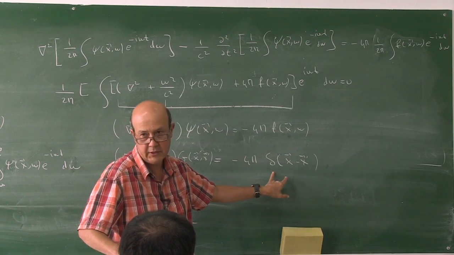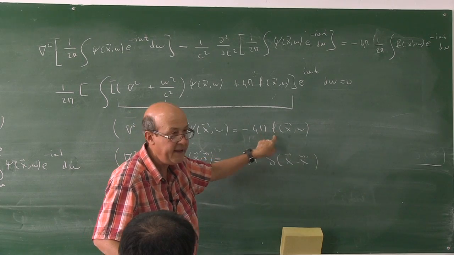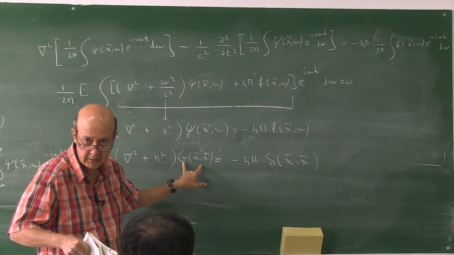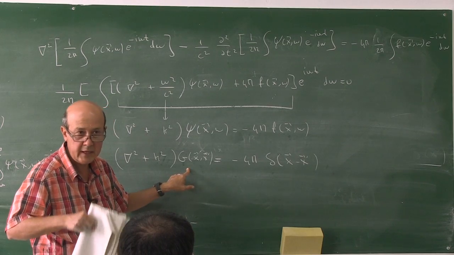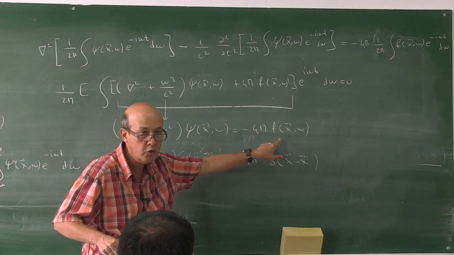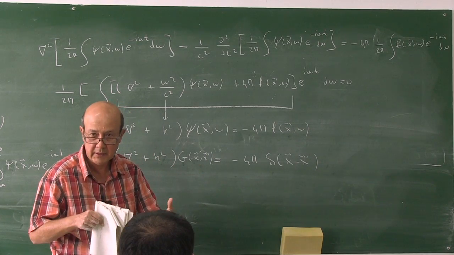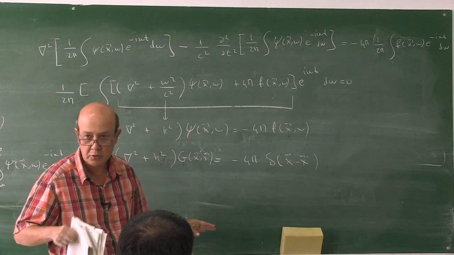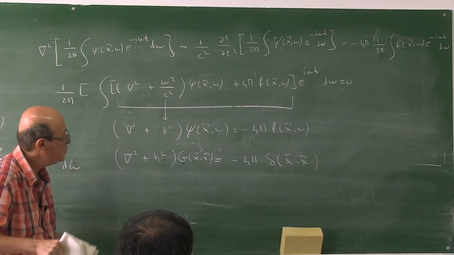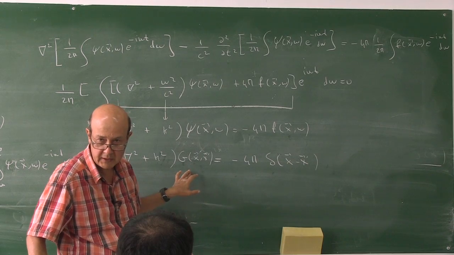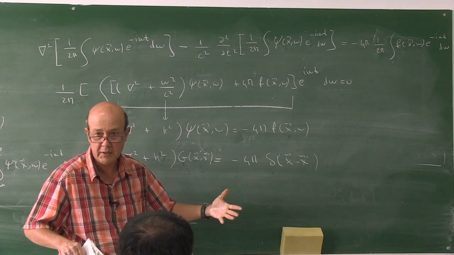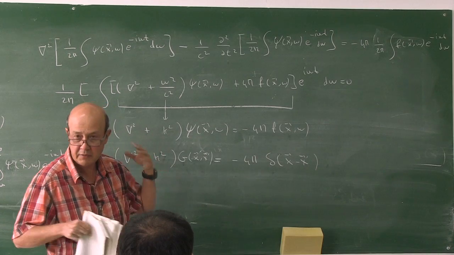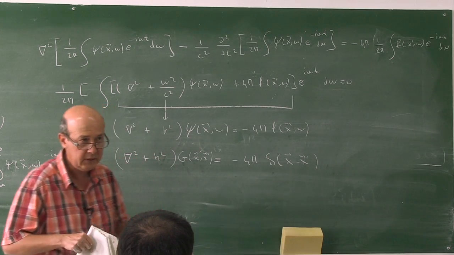Due to the delta function, this will be minus 4 pi psi(x). And here you will have an integral of the Green's function times the source. The source and the Green's function convolved in an integral, and that is the solution. So why do people put a delta function and define the Green's function? Because they can solve every kind of source. Once they know the Green's function, they solve this equation for every kind of source. So this is the idea.